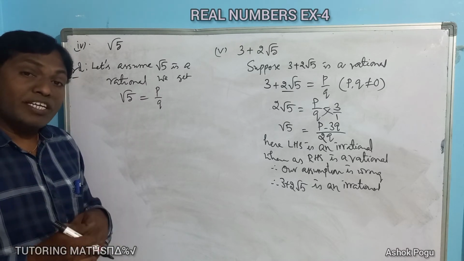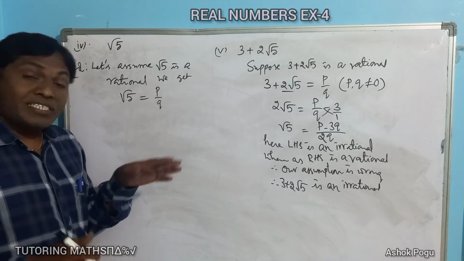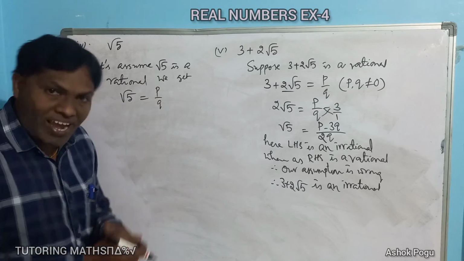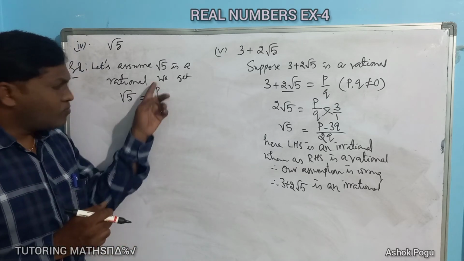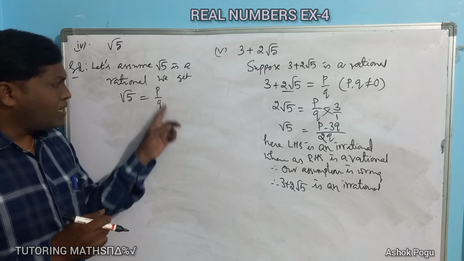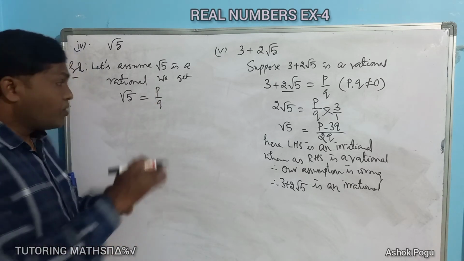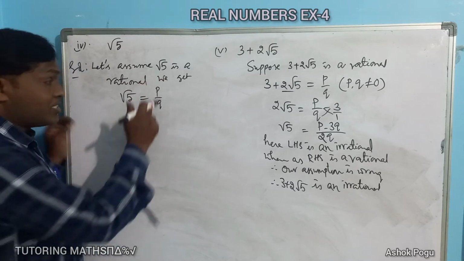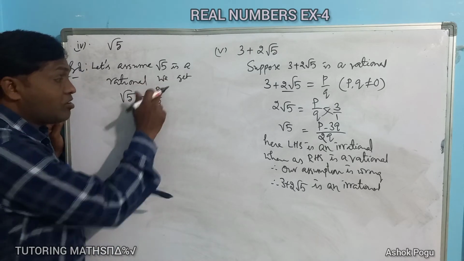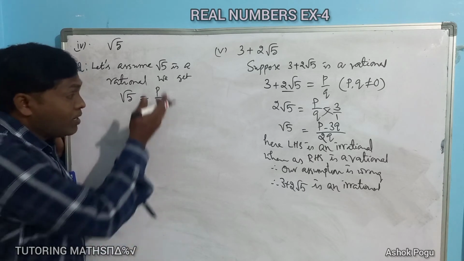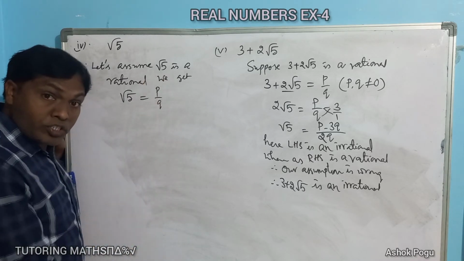And in some rational numbers, the numerators and denominators may have common factors, isn't it? Here p and q are the numerator and denominator; they may have common factors. After cancellation of common factors of p and q, that fraction is reduced.